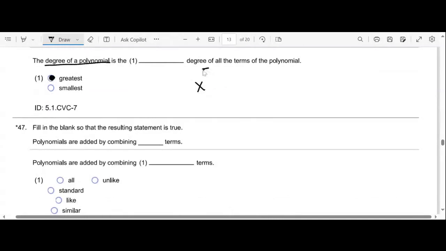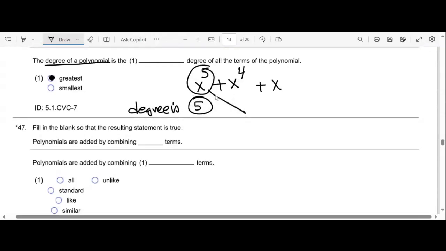Because if I have something like this, what is the degree here? 5. This is called the leading term. The x to the power of 5 is the highest.